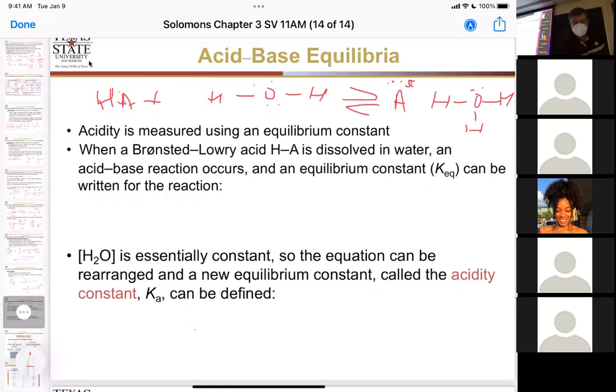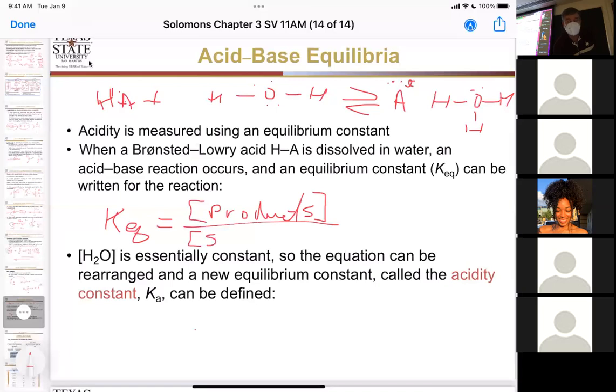And so whenever we talk about an equilibrium, we have a constant where it's going to go one way for a while and then the other way, and then eventually it kind of settles in the middle. Okay. And so to figure out where that equilibrium is, we have to think about what is the concentration of the products over the concentration of the starting materials.